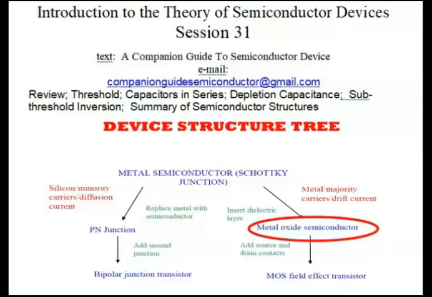We're going to review a little bit of what we did last time, go on to talk about threshold in a qualitative way, discuss capacitors in series, and specifically the depletion capacitance, and then we'll take our first stab at subthreshold inversion, and we'll look at something called the CV plot, the capacitor voltage plot, which we saw a little bit in the PN junction, and if we have time, we'll do a summary of semiconductor structures.